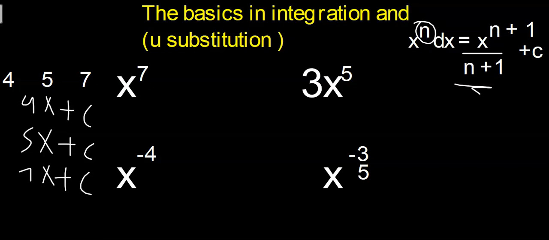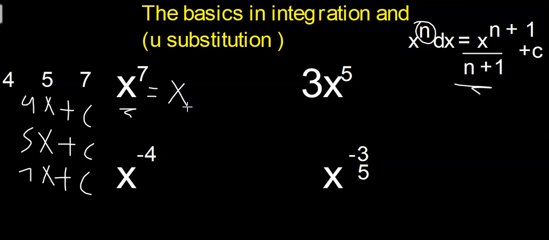Now let's implement the formula and do some questions where we have to use it. When it comes to this specific example, we use this formula to integrate it. This is not actually a derivative, this is integration. The way I'm going to integrate this one is I'm just going to say x to the power.